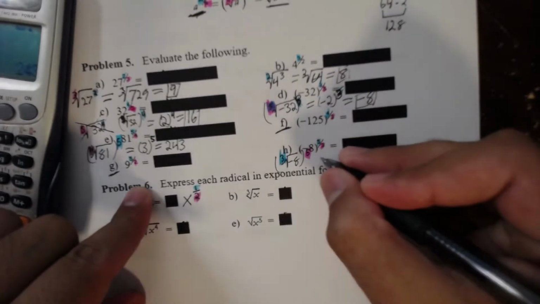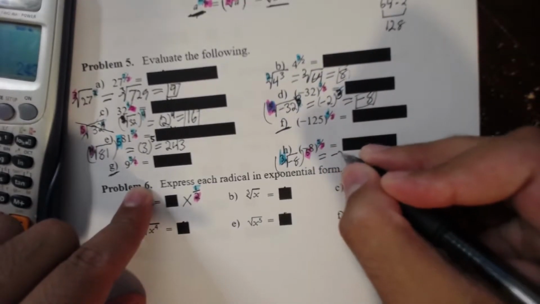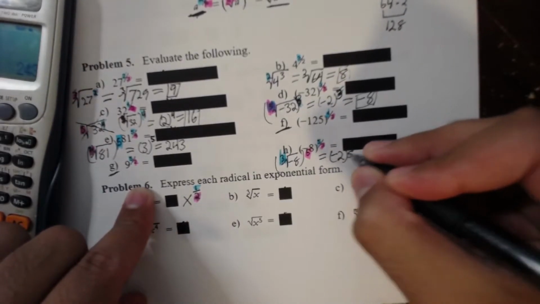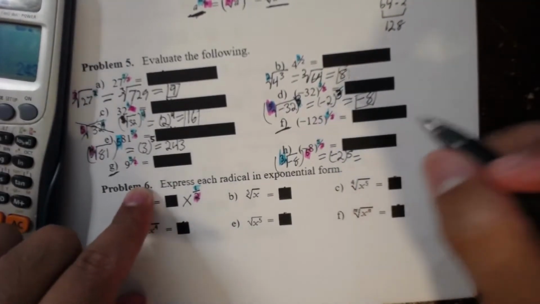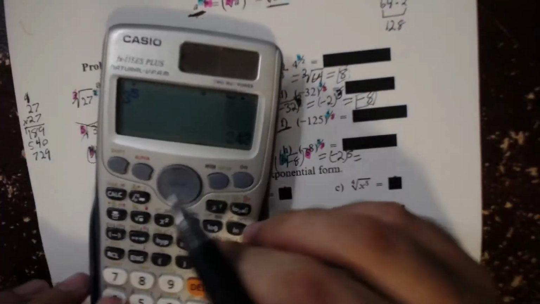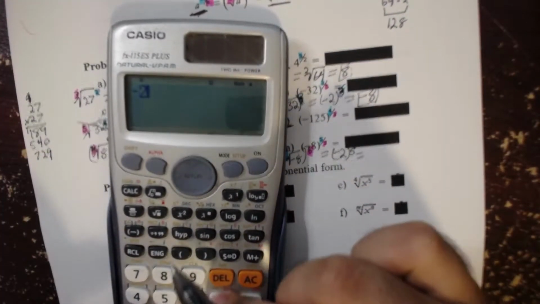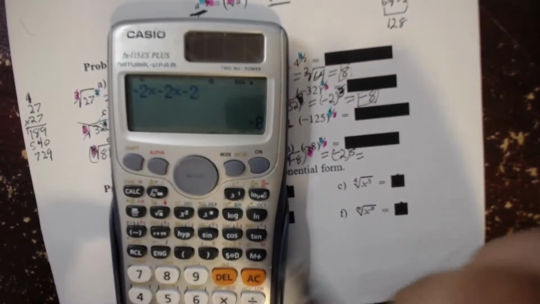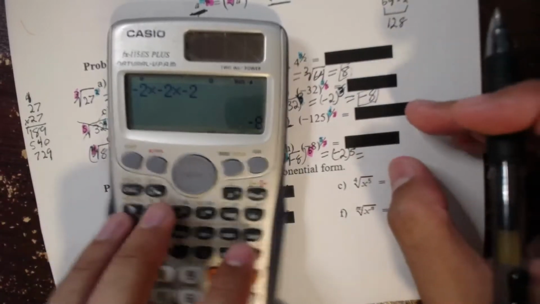It will be negative 2. Now, if you don't believe me, negative 2 times negative 2 times negative 2 is negative 8.